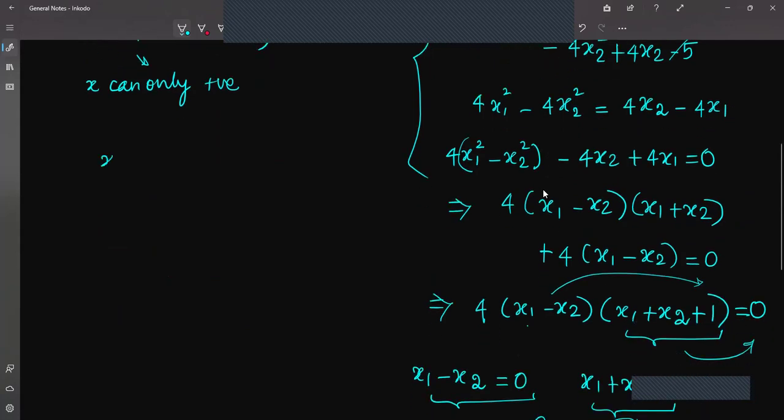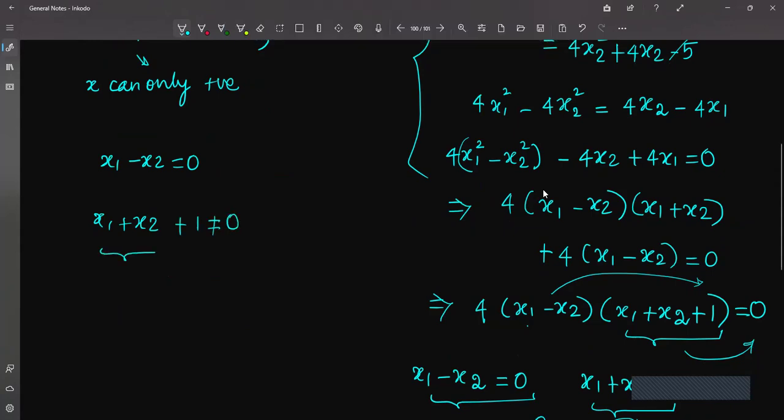Why is that so? x1 minus x2 is equal to 0. But we can also say x1 plus x2 plus 1 cannot be equal to 0. Why is this so? Because two numbers which are already positive or 0, added along with another positive number, can never become 0.